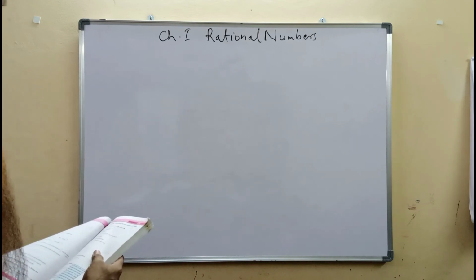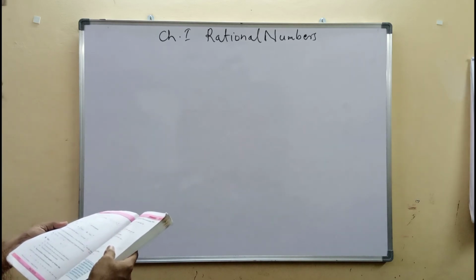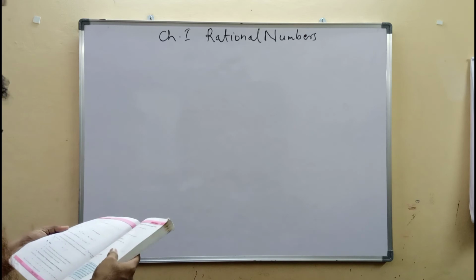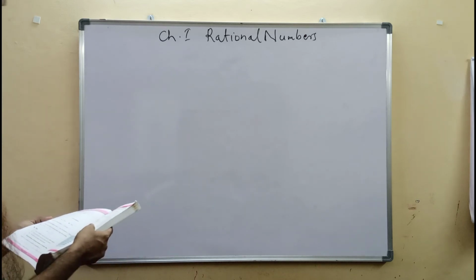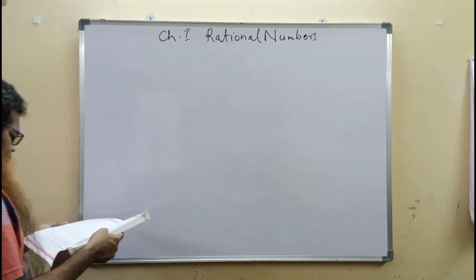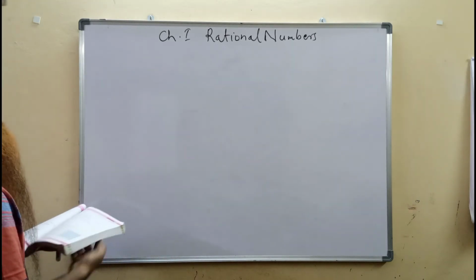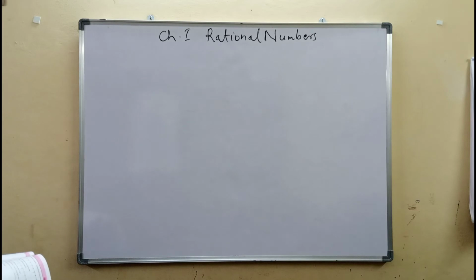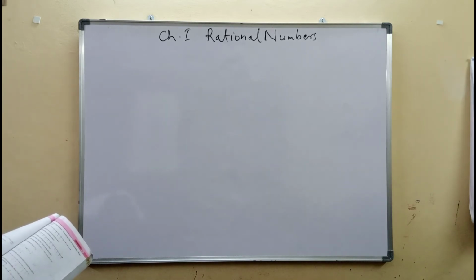There are no numbers which do not have any additive identity. Every number has an additive identity. Zero's additive identity does not exist. Just zero is a number whose additive identity does not exist.